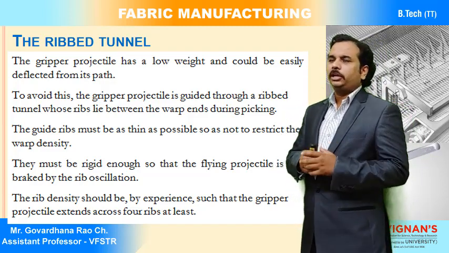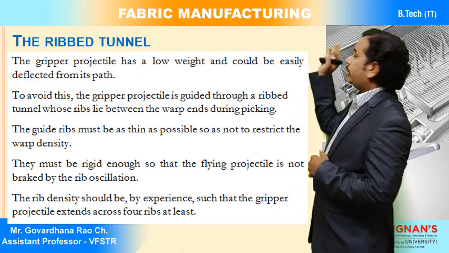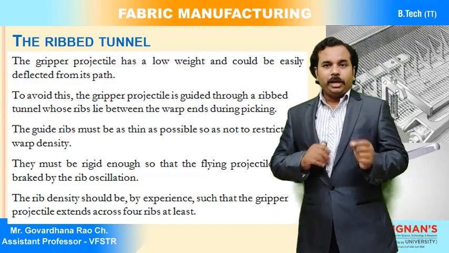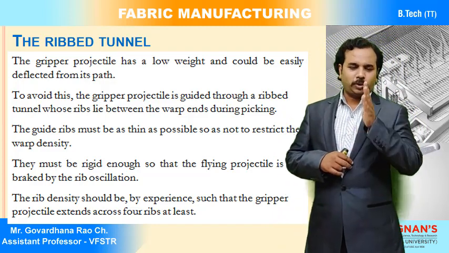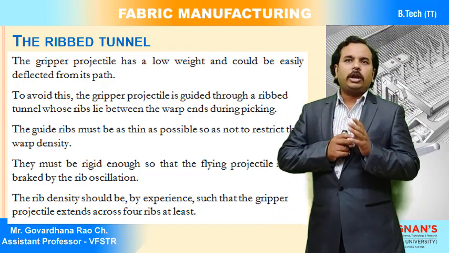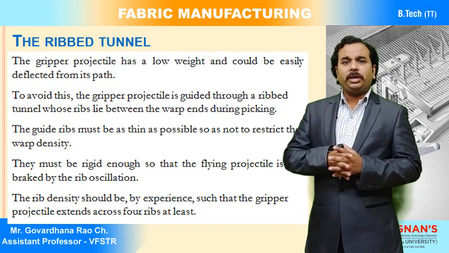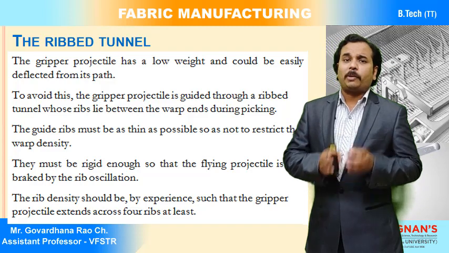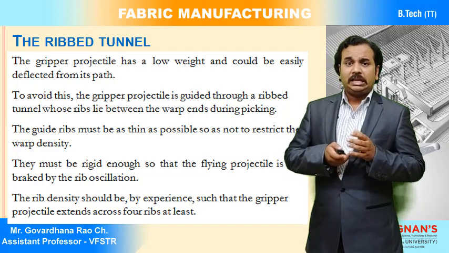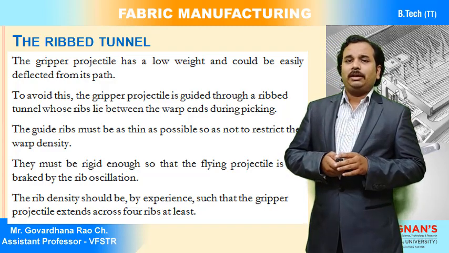You can observe in the image at the top side that a minimum of 4 ribs guide the projectile. You can see 1, 2, 3, 4 guides, so that proper guidance is given to the projectile.